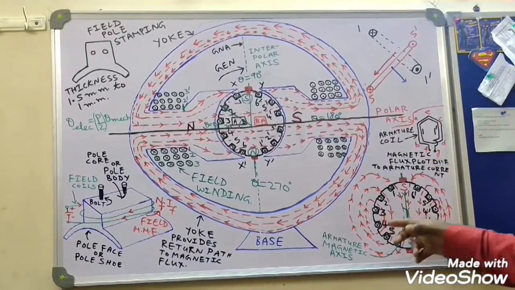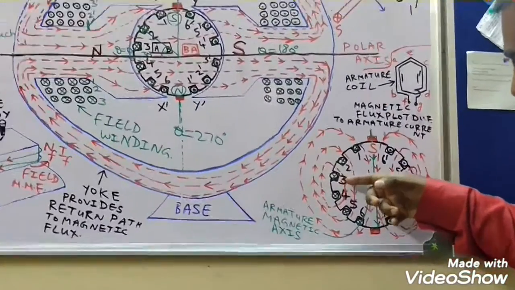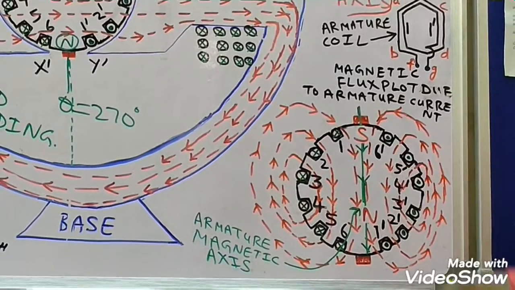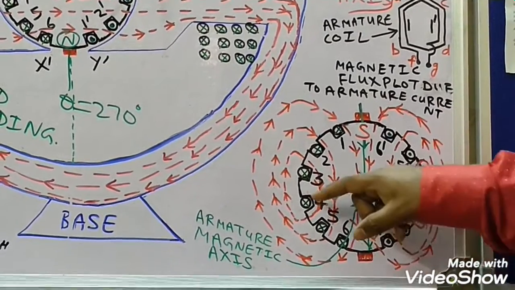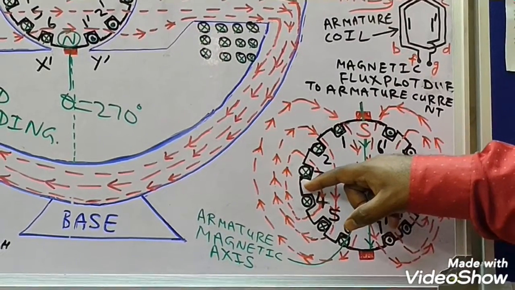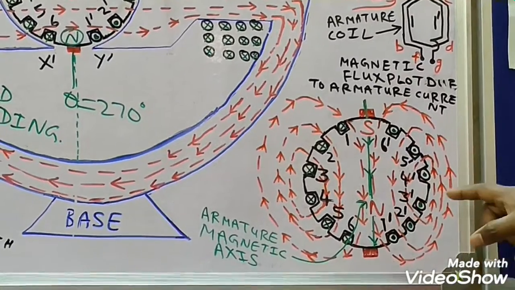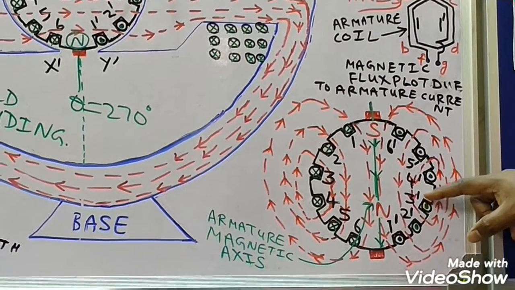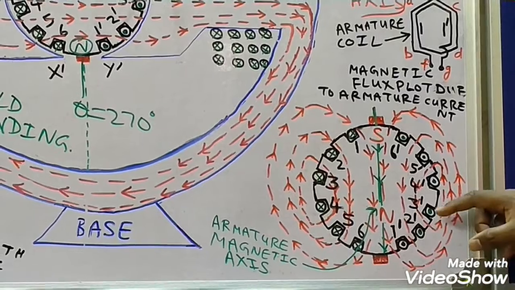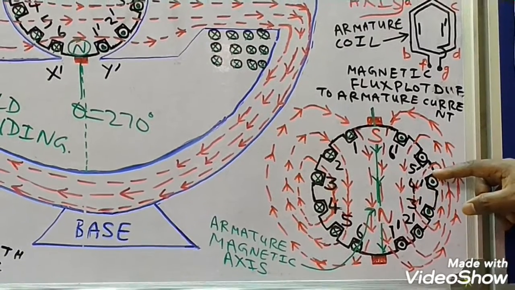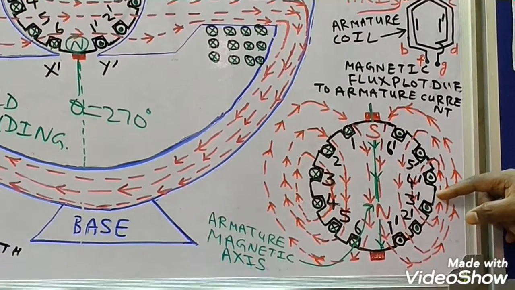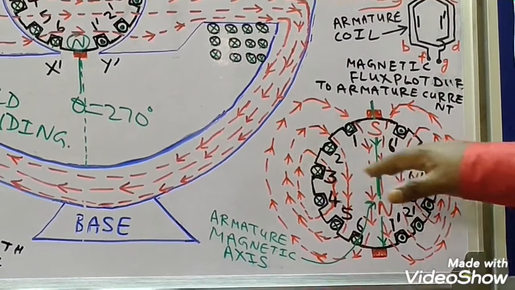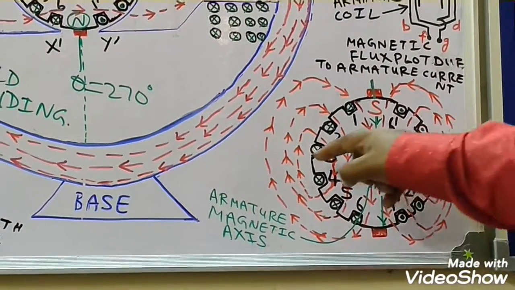Please look here, between slot number 3 and 4, no lines of flux are either entering or leaving. Likewise, between slot number 3 dash and 4 dash, no lines of flux are either leaving or entering. So we will imagine that the armature is being cut along this portion.